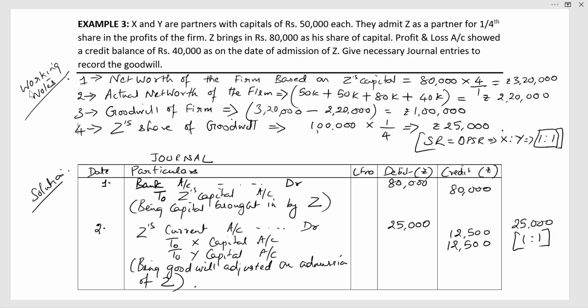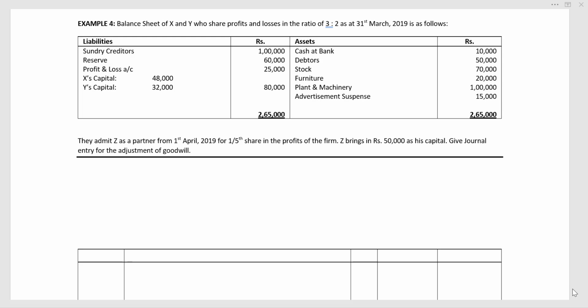Let's go to the fourth example. Example 4. Balance sheet of X and Y, who share profits and losses in the ratio of 3:2, as at 31st March 2019 is as follows. We have the balance sheet which is given to us, the list of assets and the list of liabilities.